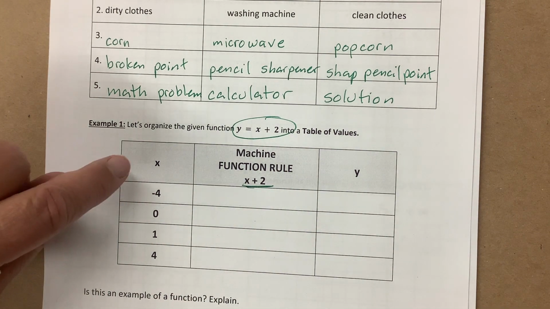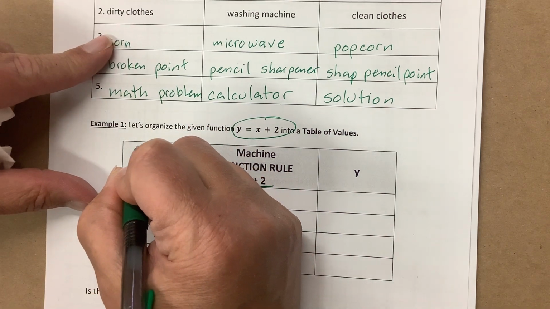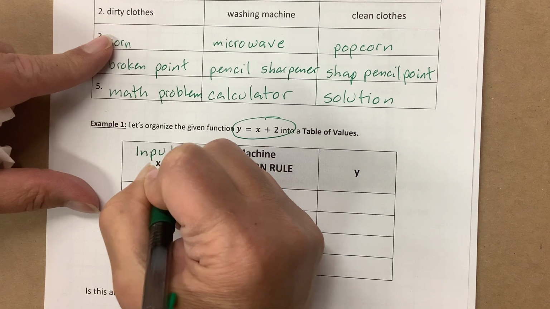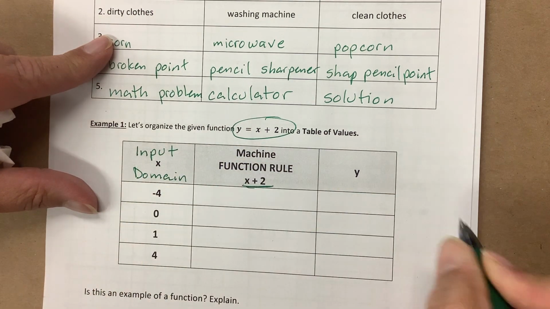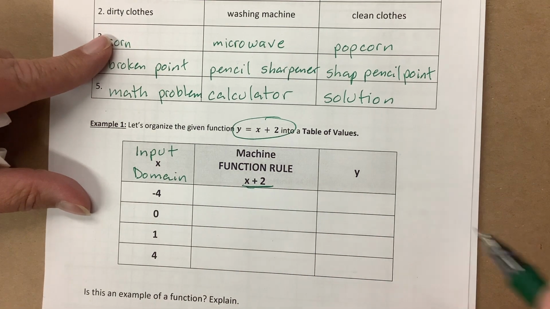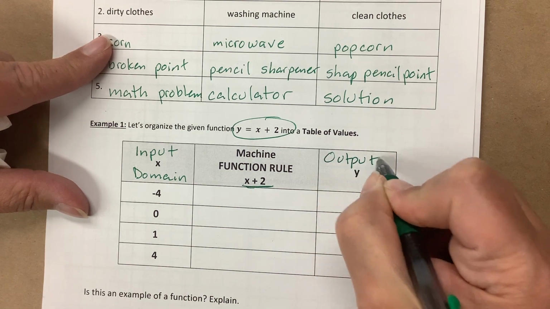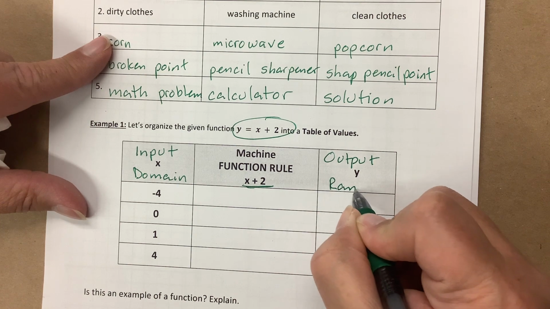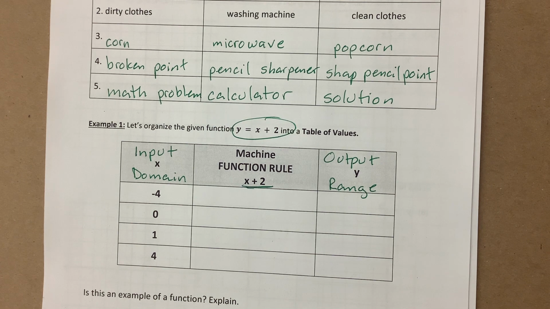So I'm going to take the x values, or sometimes it's called the input or the domain, and I'm going to put that x value into my function rule machine, and I'm going to get out a y value, or an output, or a range. There's lots of words for the same thing. So I'm going to put in the x values. I'm going to get out the y values. But I'm going to write those in red.